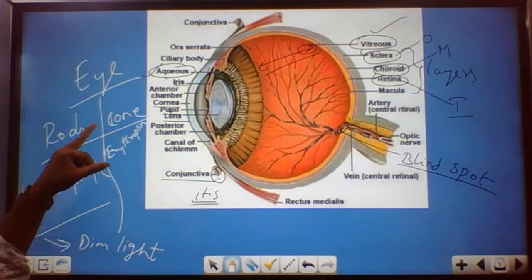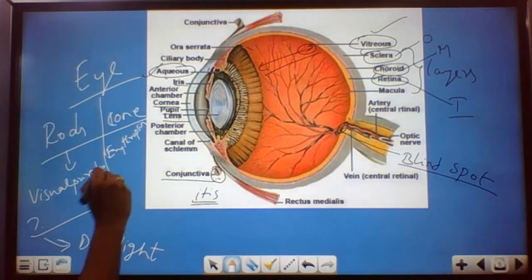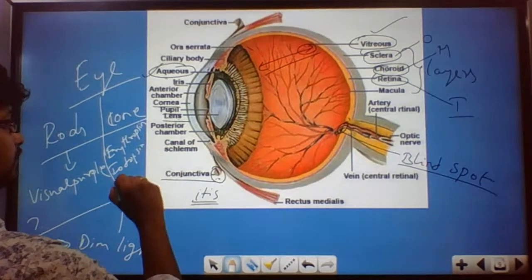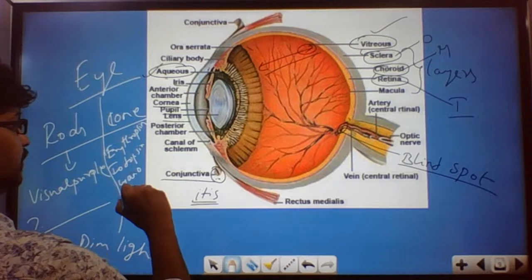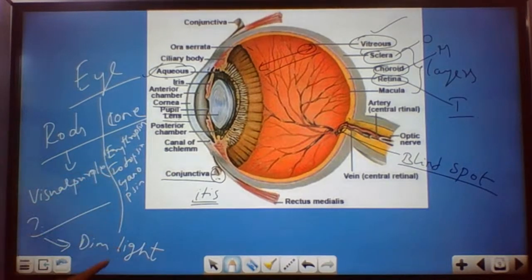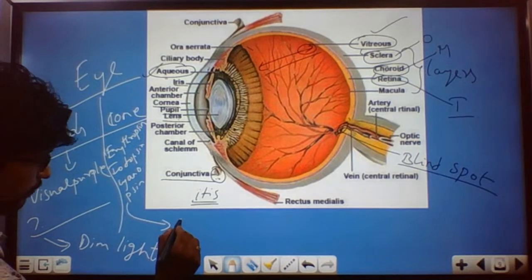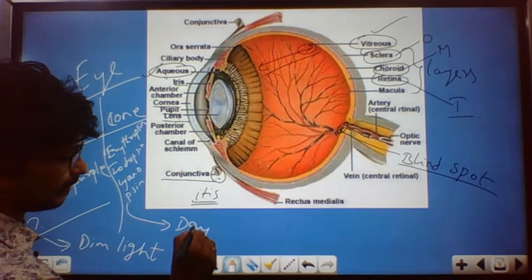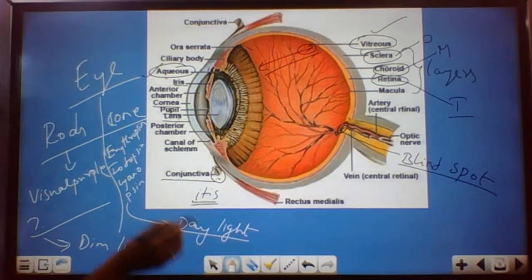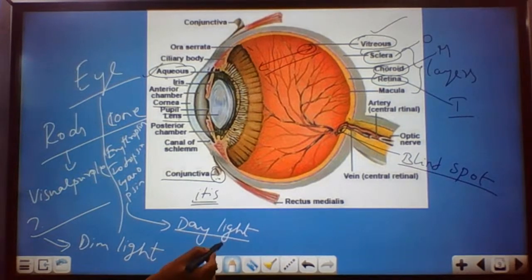Along with erythropsin, iodopsin and cyanopsin are the pigments produced by the cone cells, and these pigments are responsible for daylight, the bright light. We can see things clearly. So cones are for daylight and rods are for dim light.